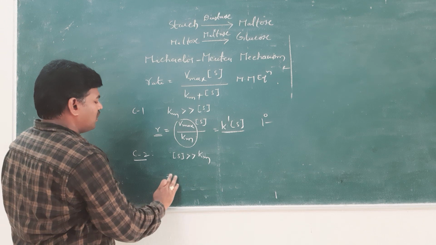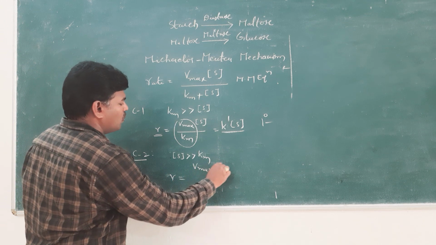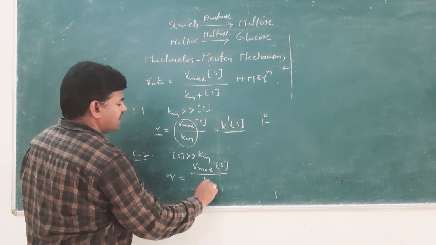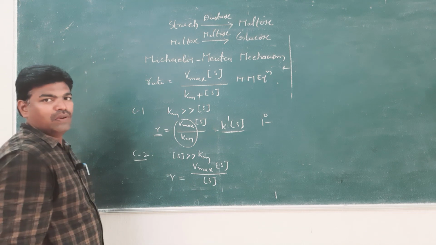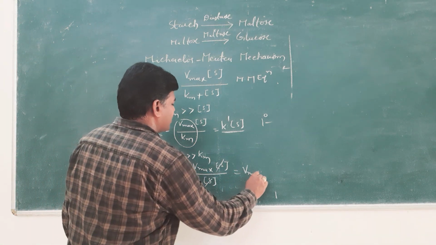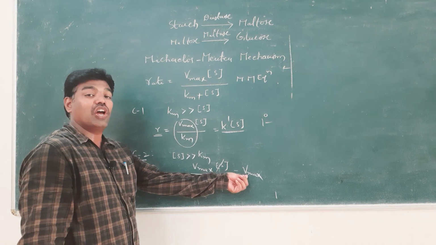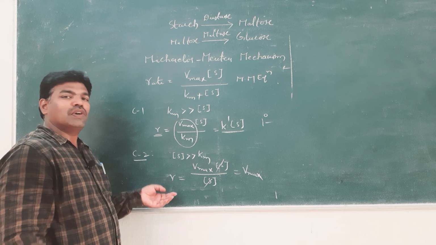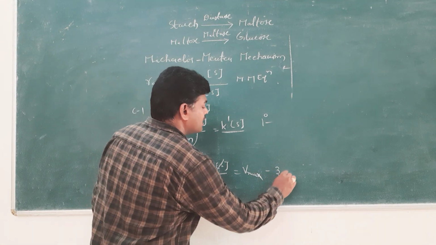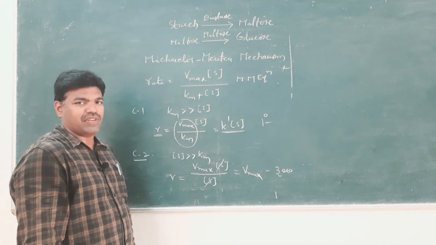Therefore, rate is equal to Vmax into concentration of S by concentration of S, and this S is cancelled. Therefore, rate is equal to Vmax, that is velocity maximum. From this we can interpret that it follows zero order. This is a zero order rate equation.